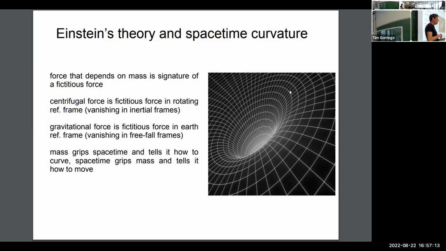there's a class of forces that we call fictitious forces. Fictitious forces have the characteristic that they depend on an object's mass. The classic example of a fictitious force is if you're in a car going at high speed around a curve. You, as the driver or the passenger, experience a centrifugal force that's throwing you outwards from the car.